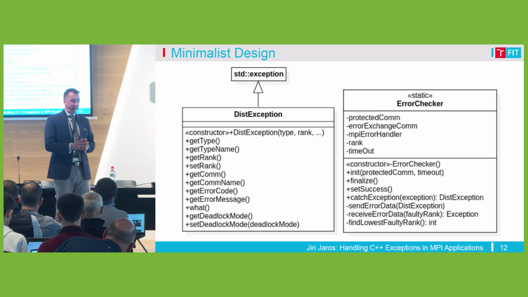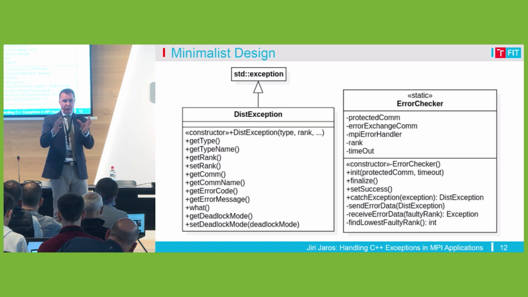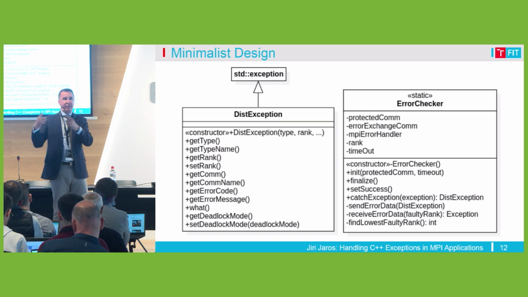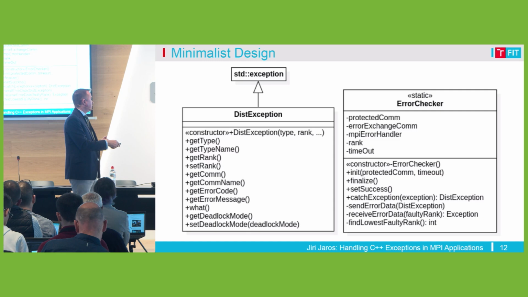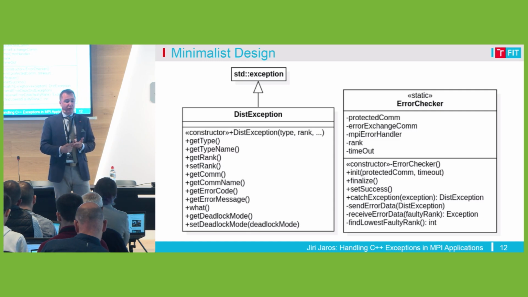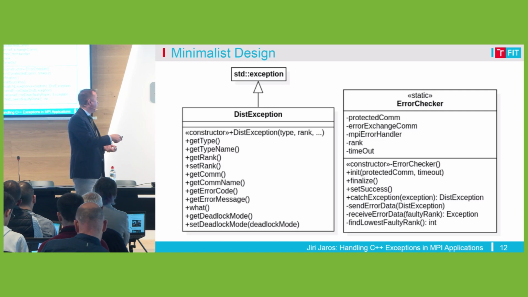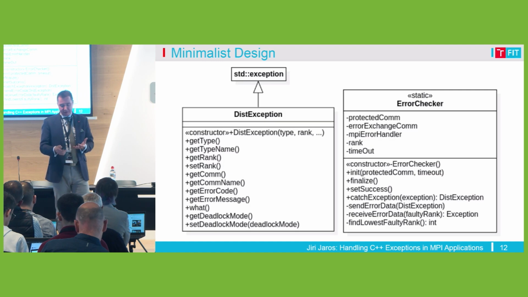You take one communicator you would like to protect, create a side channel, and communicate the error messages via this side channel. The most important things for you as developers are these 2 methods. One is set success, which informs the user that everything's fine, and the other is check if, which returns the error that happened inside the code.